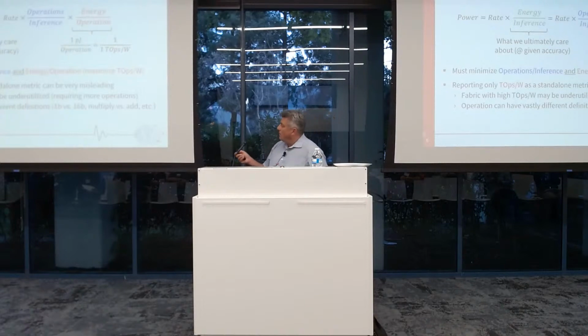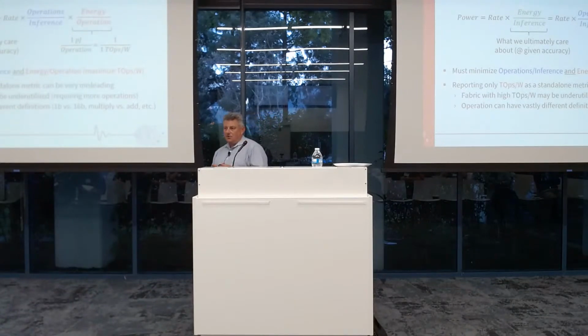And so now, what's a little confusing, and this gets played out in the publication space a lot, is that you can actually build a fabric that has incredibly good TOPS per watt, but is a very awful machine learning processor because it requires a lot of useless operations or a lot of idle operations, or it doesn't deal well with sparsity of operations or something like this.